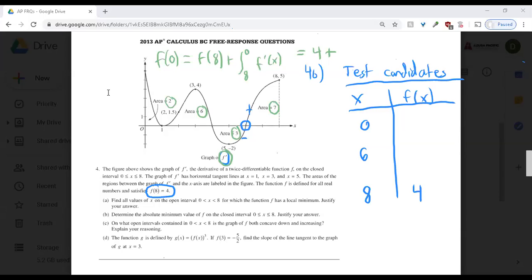So 7 minus 3 because it's under the x-axis, so 7 minus 3 is 4. 4 plus 6 is 10. 10 plus 2 is 12. Because you're going from right to left, you take the opposite of that number. So it's going to give you an area of negative 12. So this is going to give you negative 8 here. So f of 0 is going to be negative 8.